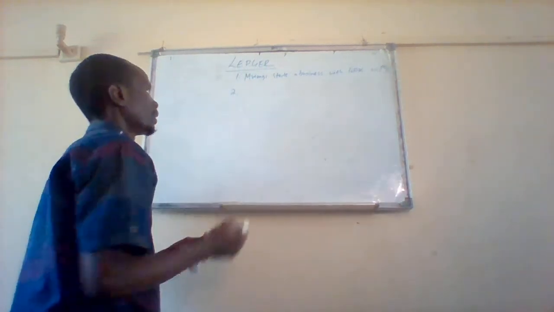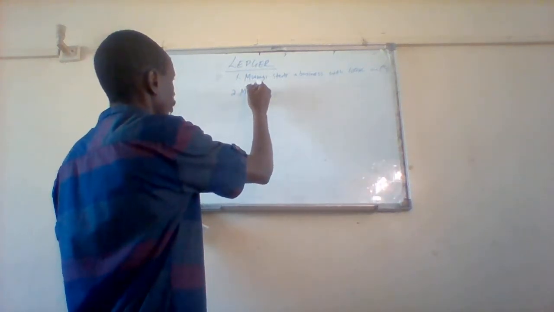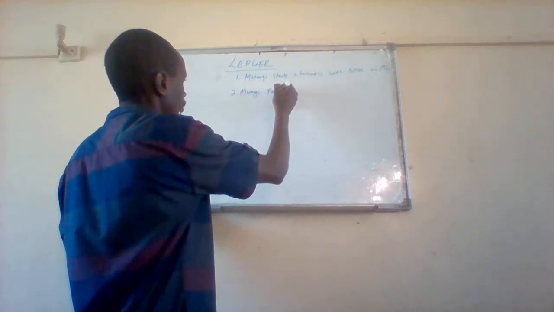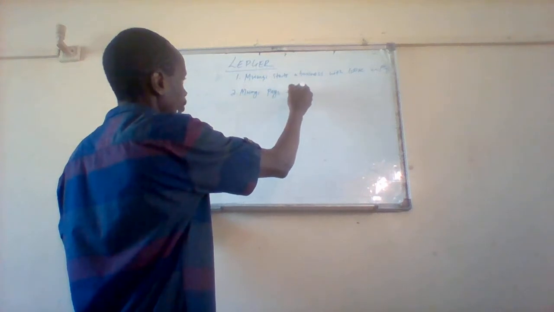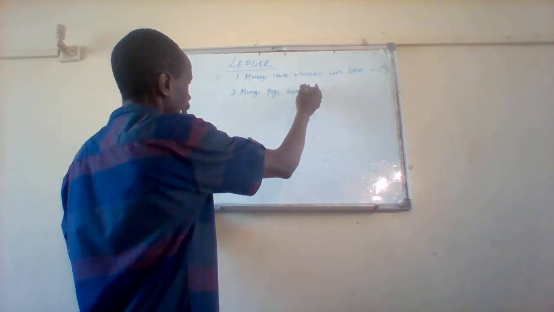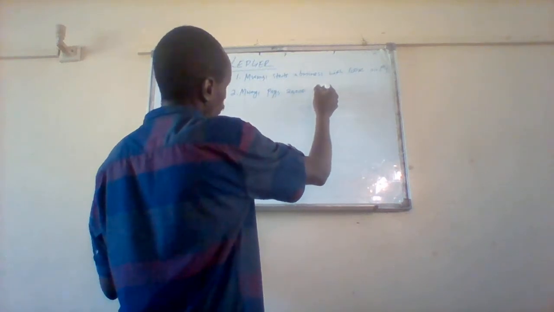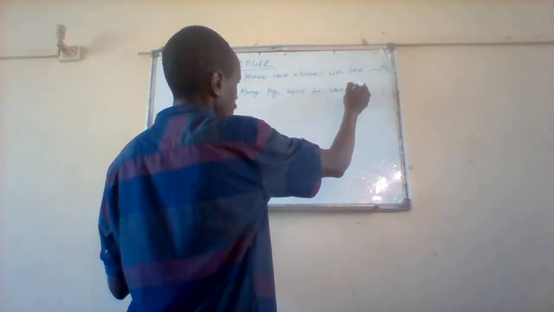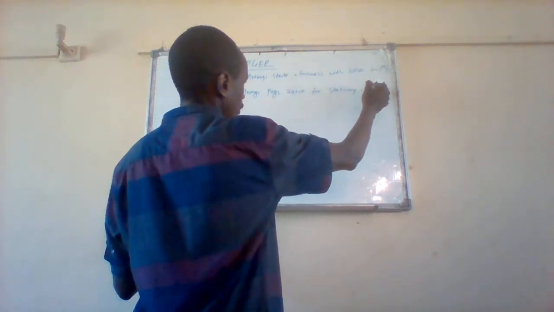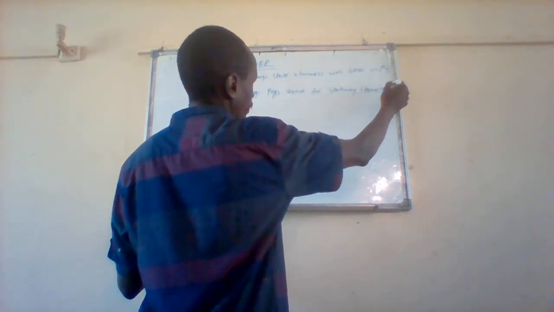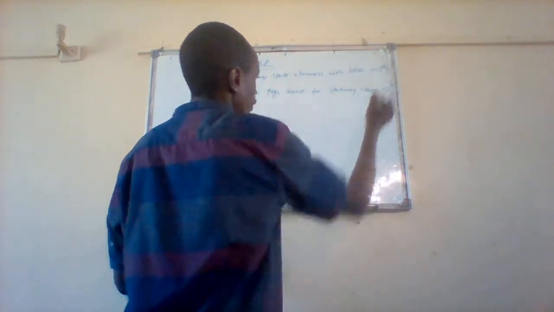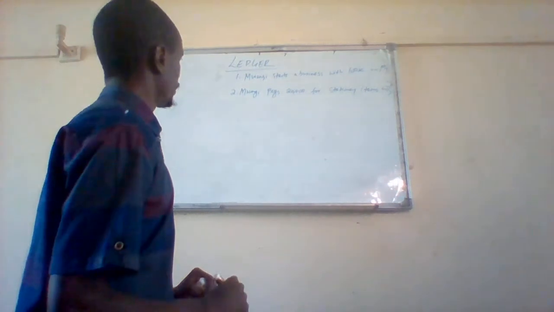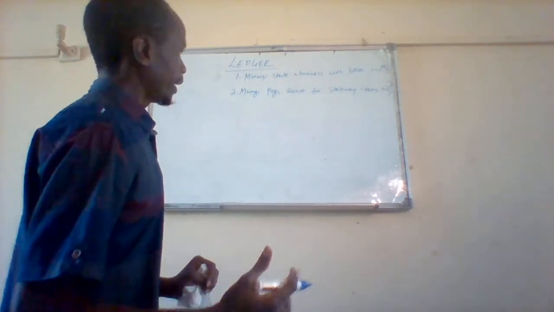Number two, Mwangi pays 20,000 for stationery items on, let me say, card. Okay. So these two entries alone are the ones that we are going to deal with. Then we just end it there.